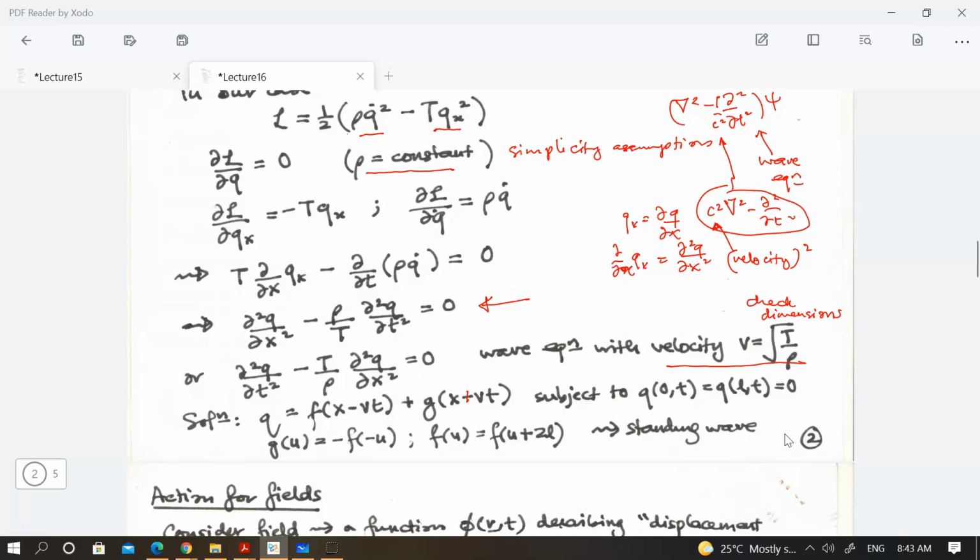And if you subject it to a boundary condition, say, remember you have your fixed condition at the two ends of the string, what's going to happen is that the kind of equation you have will be just for a standing wave, because you need to fix the boundary condition.